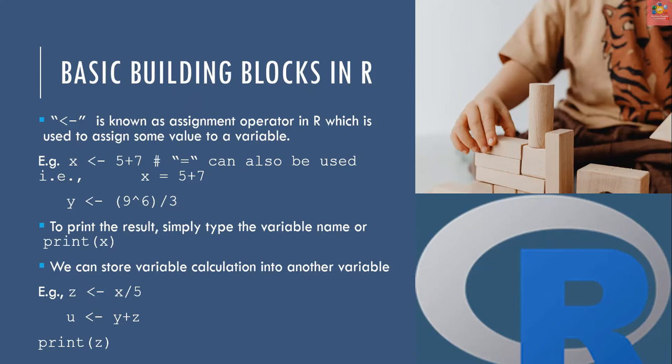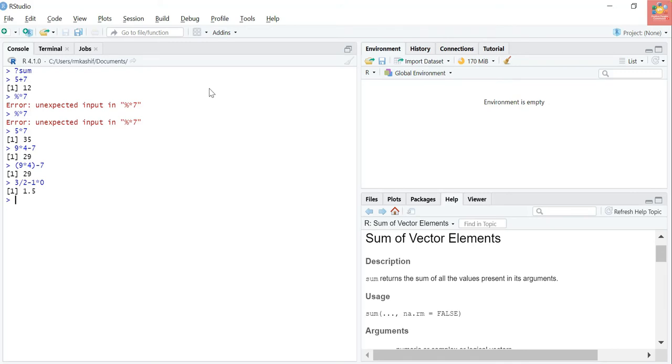Basic building blocks in R. We will start with the assignment operator. Less than along with the dash sign is known as the assignment operator in R, and it is used to assign some value to a variable. For example, if I want to assign 5 plus 7 to x, I will write x, assignment operator, 5 plus 7.